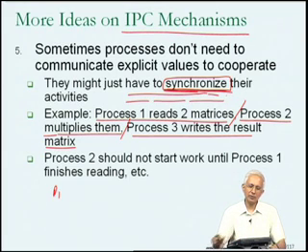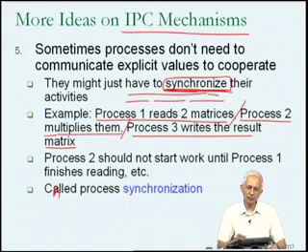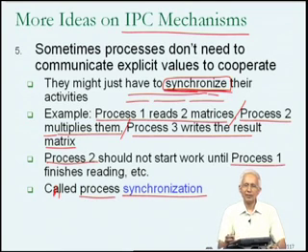In this particular example, we did not want process P2 to start its work until process P1 had finished its work, and so on. So this is what we refer to as process synchronization. The idea that the two processes P1 and P2 may have to be set up so that P2 waits for P1, or that they are synchronized with each other, not to proceed until the synchronization has been achieved.